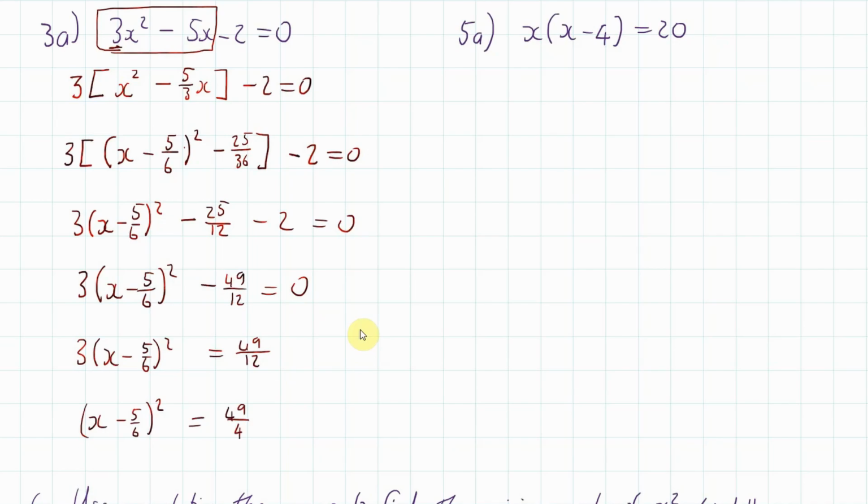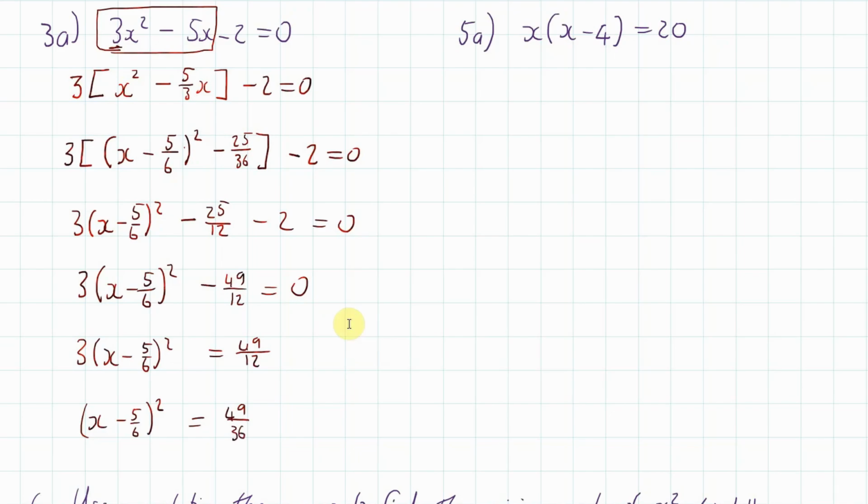So 49 over 12, you divide it by 3. And, I'm dividing by, what? Not that, it'll be 36. Sorry, what am I thinking? Flip and multiply. So it would be like timesing by a third. So yeah, it should be 36. Sorry about that. Okay, so there we go.